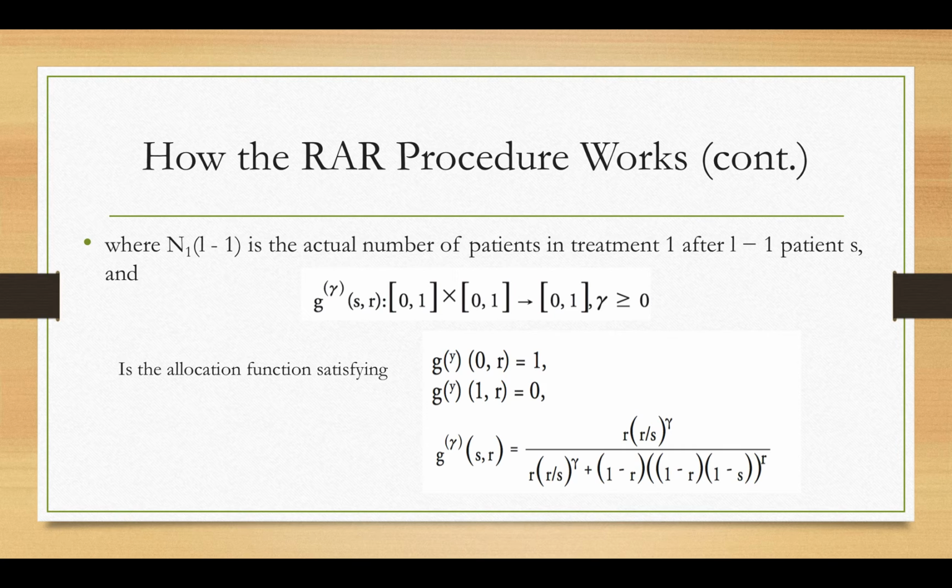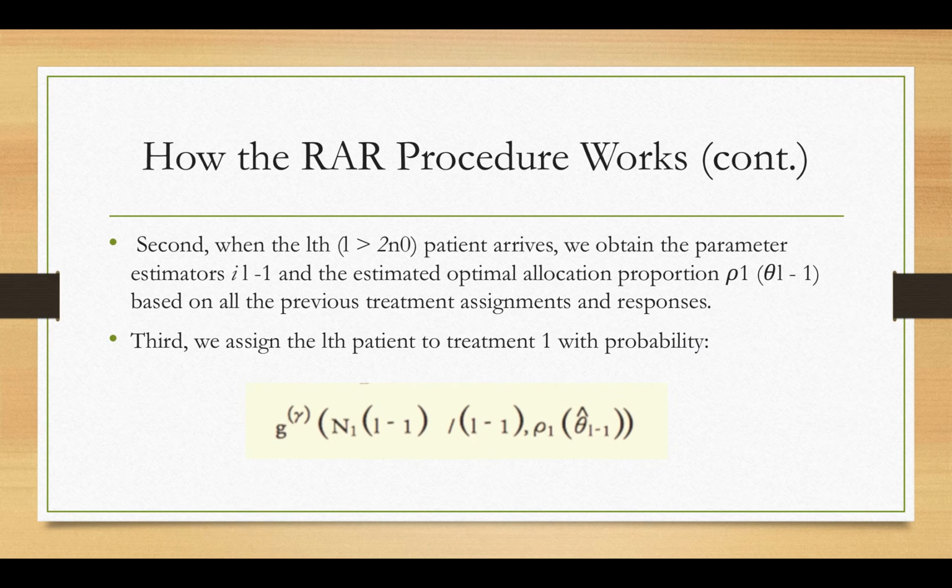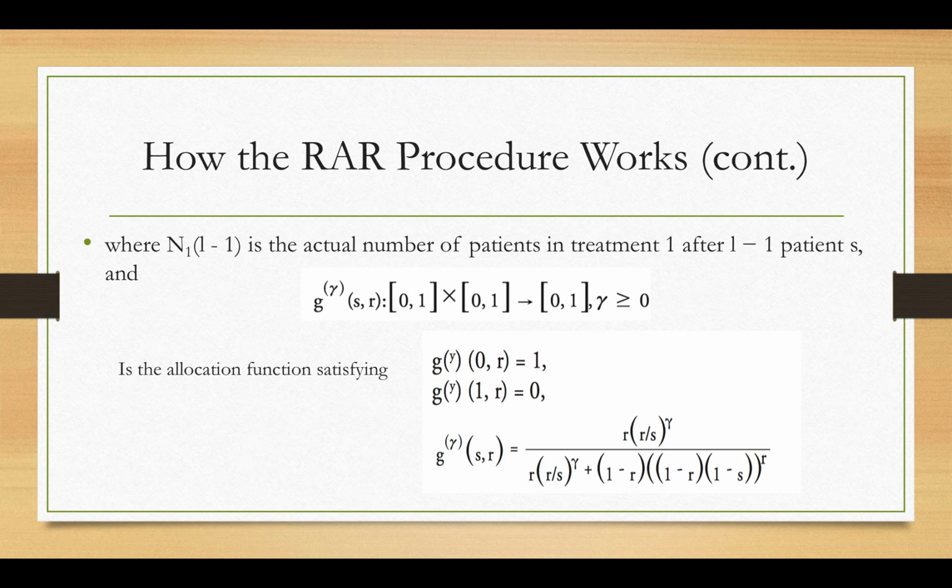And as you can see in the formula, this is the allocation function satisfying, when you give the treatment group of 1 and 0, and this formula is used to actually calculate that probability.